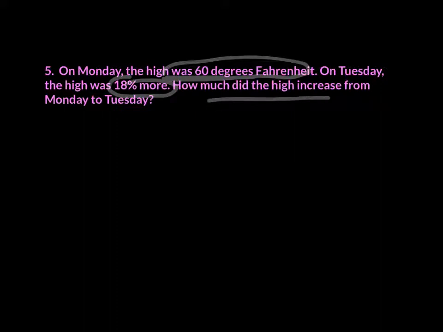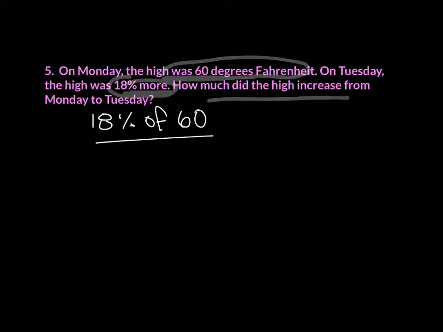Now, how much did it increase? So we're looking for the 18% more, not the new temperature, but the 18% more. So basically, what that means is that we're looking to find out what is 18% of 60. That's what we're looking for right here.